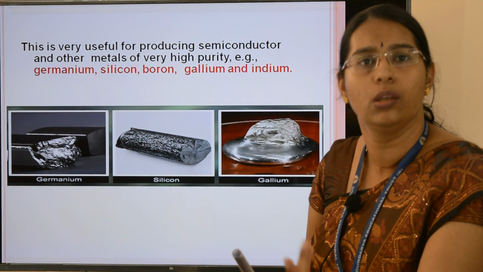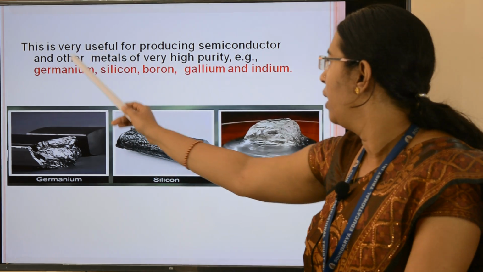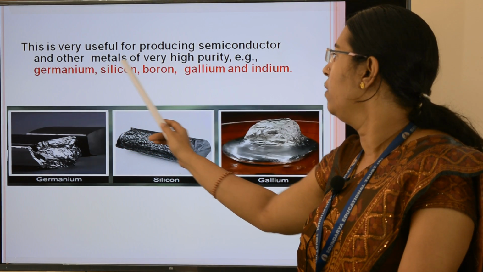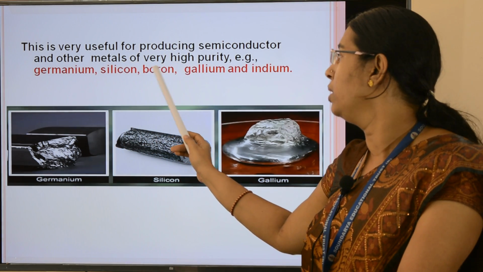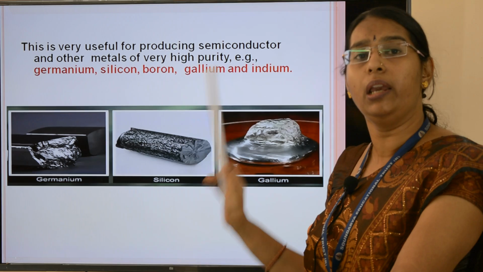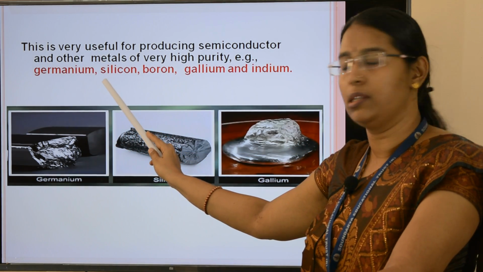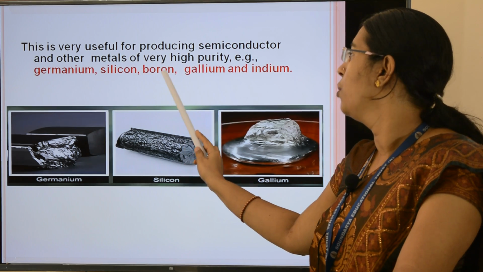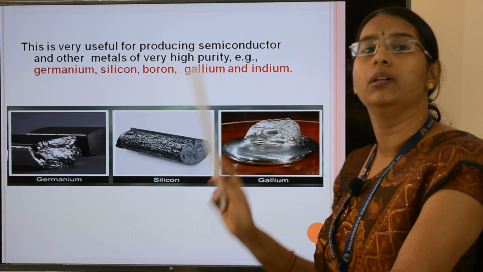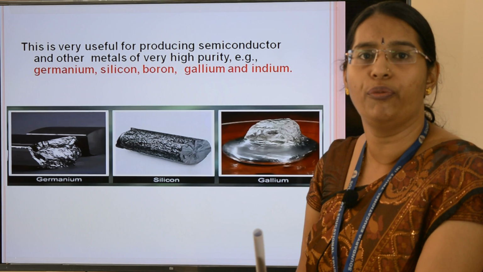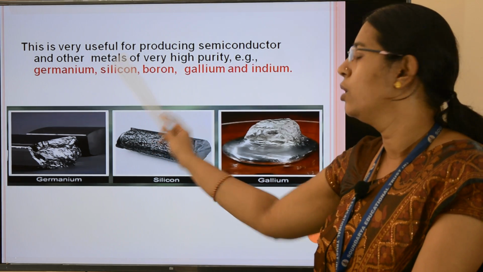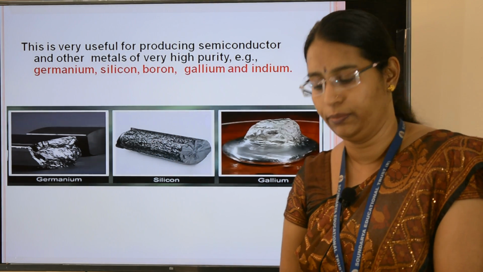Then the answer is zone refining. Or it can be used for obtaining other metals needed in very high purity, like germanium and silicon, which are semiconductors. Along with that, boron, gallium and indium in their highest pure form can be obtained by using the zone refining technique.